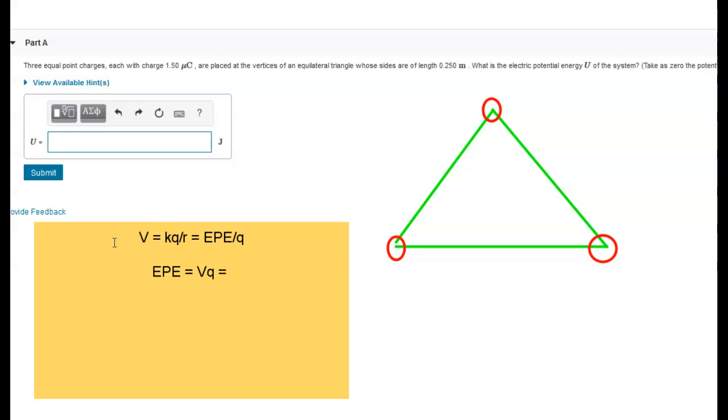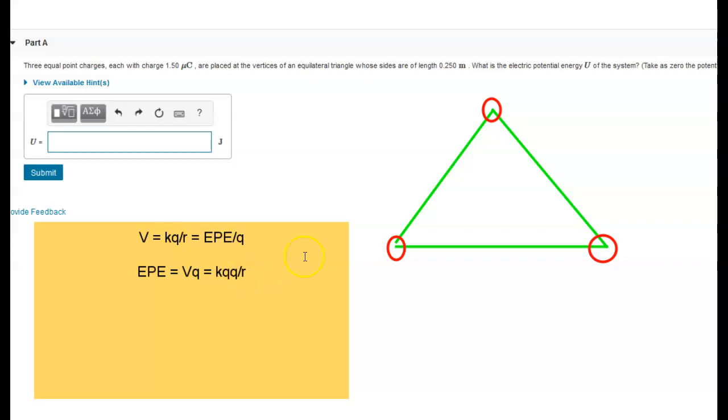Since kQ over r is our voltage, and we multiply one of those charges back, we would say electric potential energy is equal to kQq over r, or sorry, over r, not r squared. And actually, since these are all identical charges, that makes this really simple, and they're all the same distance away.